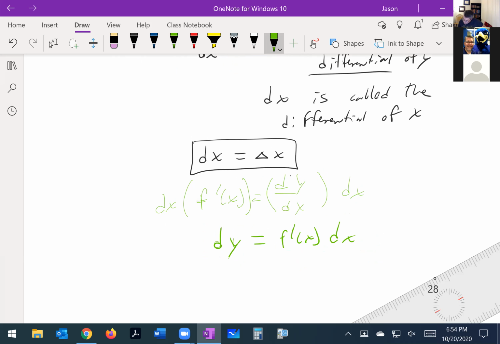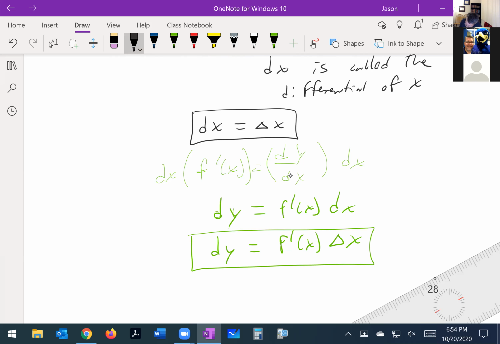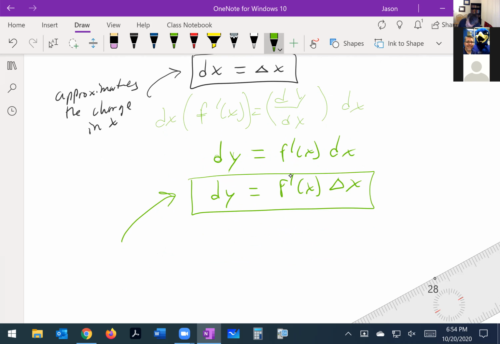And so what is dy? Well, dy is equal to f prime of x times dx. But what did we say dx was? We said dx was delta x. And you're like, that's great, Professor Holtman, but who cares? All you need to know is that this thing approximates the change in x, and this thing approximates the change in y.